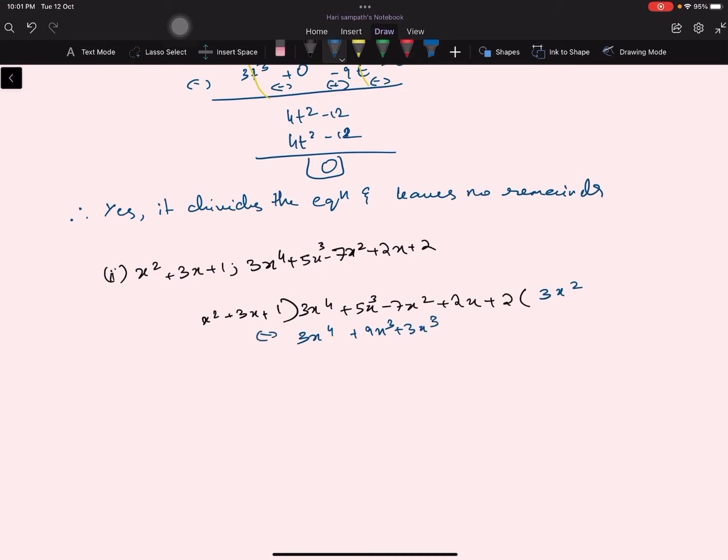We are going to subtract them. Here we get minus, and here also we get minus. So these two cancel each other out, and now we get minus 4x cube and minus 10x square.